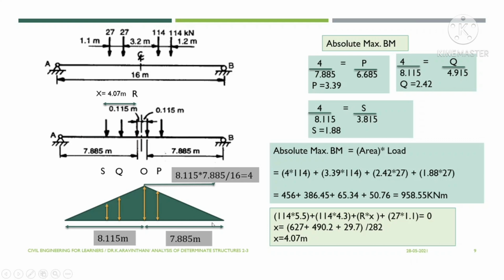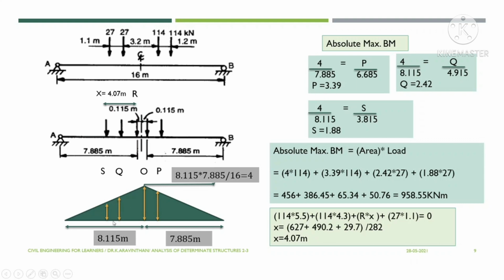What will be the distance? You know that from 114 the next load is at a distance of 1.2. So 7.885 minus 1.2 will be 6.685. If I cross multiply, I will be getting the value of P.